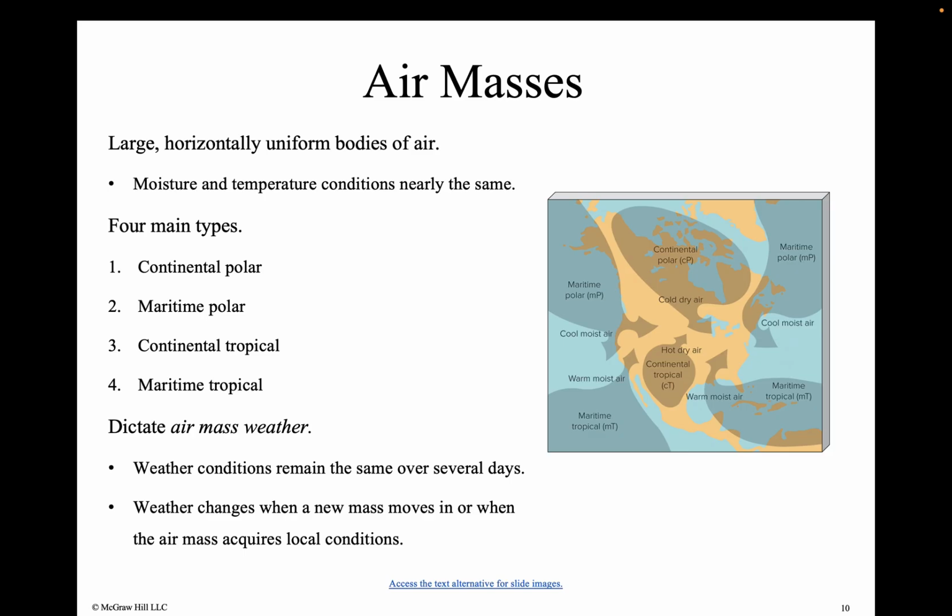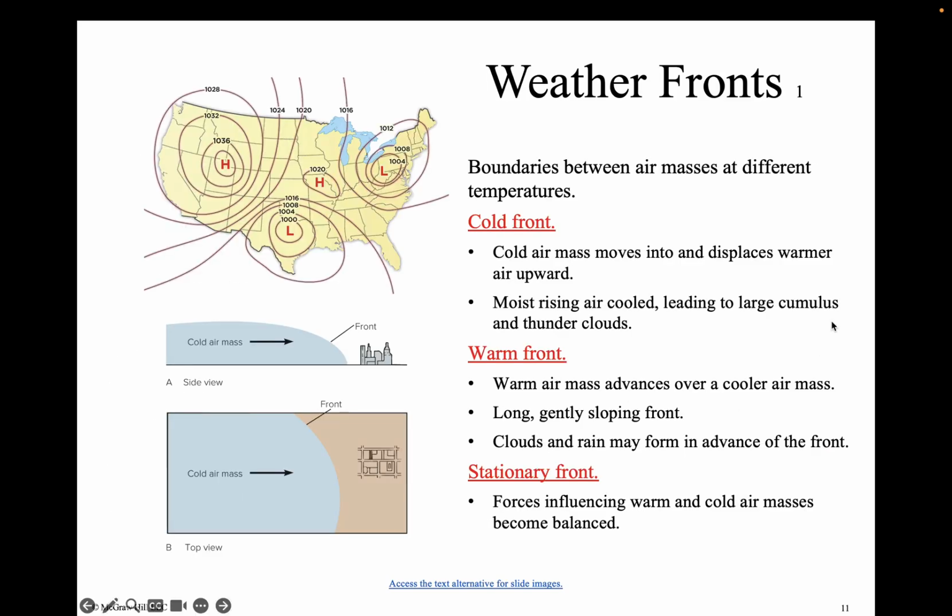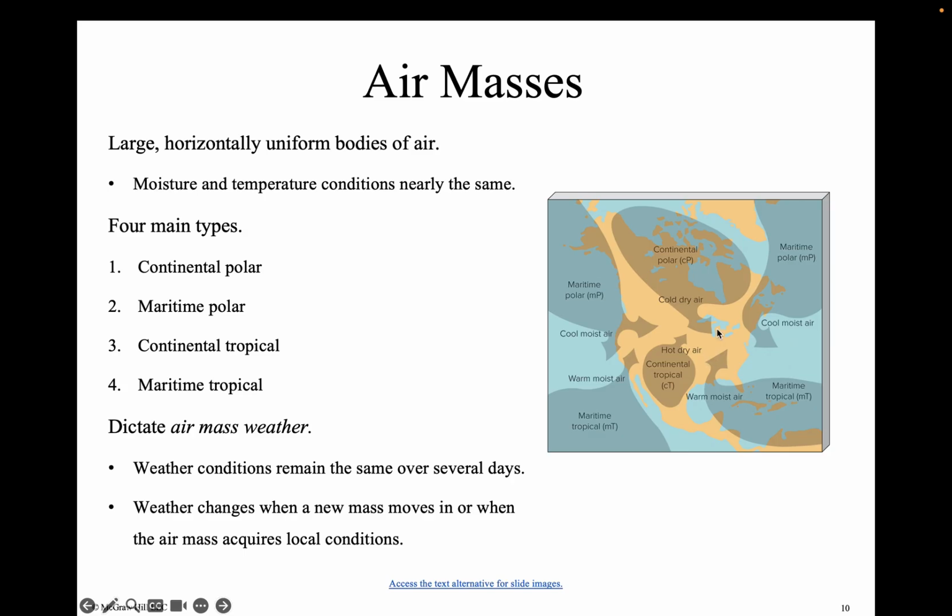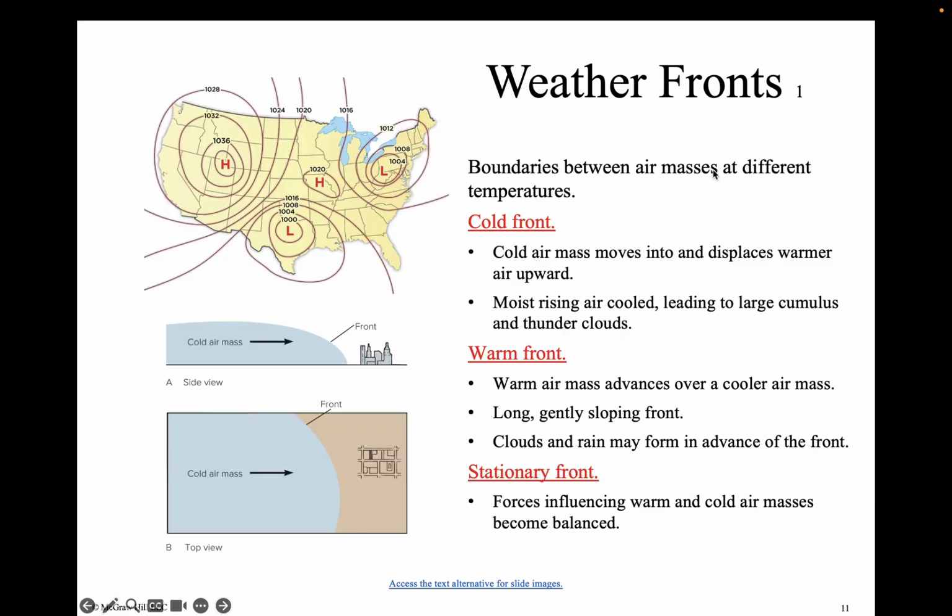So weather fronts can be defined as the boundaries between air masses at different temperatures. For instance, the boundary between this air mass and this air mass creates a weather front between those two masses.